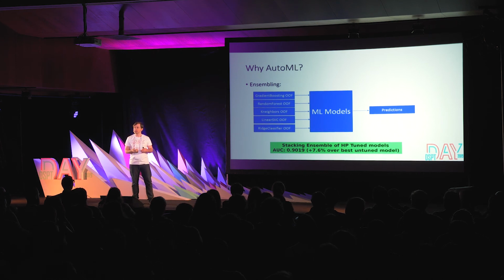Doesn't matter if it's a simple weighted average or a complex stacking of the models' out-of-fold predictions. Doesn't matter. If autoML is going to choose 5 of the 1,000 models it built, autoML does it automatically for you, right? This is another reason to use autoML.